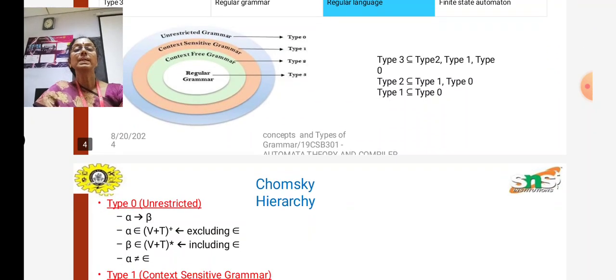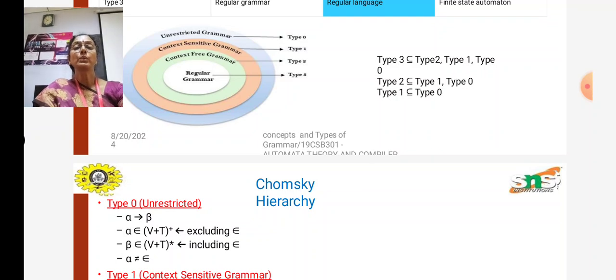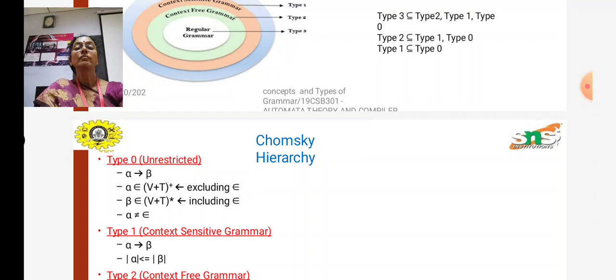Now we will see what are all the rules to construct type 0, type 1, type 2 and type 3 grammar. First, type 0. The type 0 grammar is an unrestricted grammar. Every grammar is nothing but a set of production rules. For example, alpha tends to beta: first we have to describe what alpha and beta should contain. Alpha should contain V plus T, the positive closure, excluding epsilon.